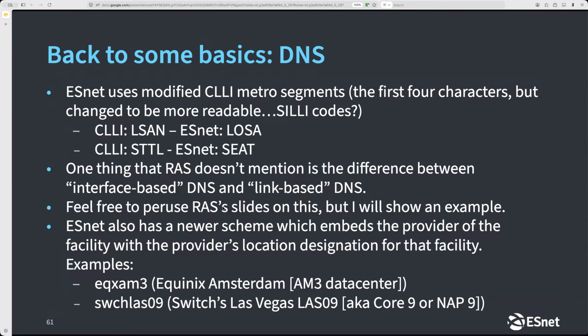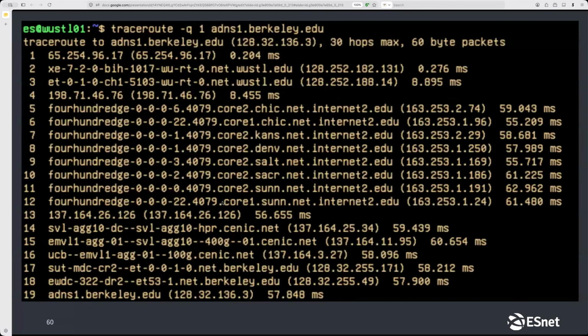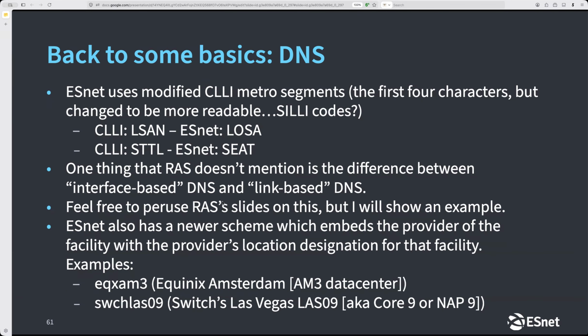ESnet, in addition to using the Internet 2 terms, and when you look back at those router DNSs, you'll see here CANS, DEN, SALT. You see in Internet 2 CANS, DEN, SALT. So it's basically taking the same path, and we're using the same naming scheme essentially. We also do a little bit more provider-based naming in ESnet. So in some of the commercial providers like Equinix and Switch, we actually embed that in there.